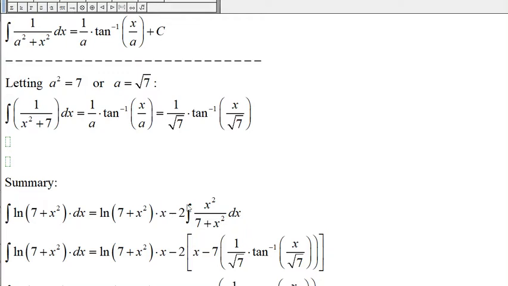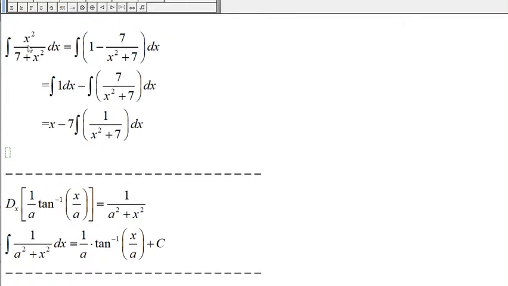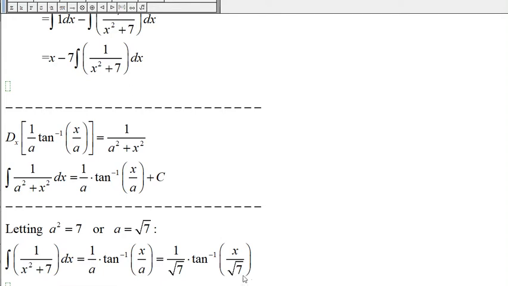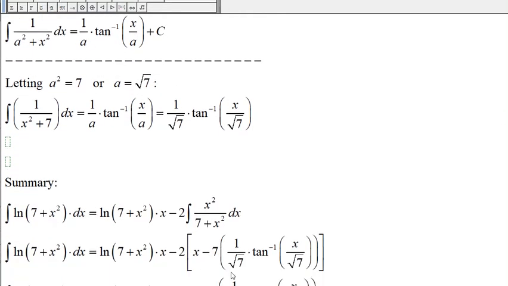And we have just found that the integral of x squared over 7 plus x squared is x minus 7 times this. But this integral is 1 over the square root of 7 times tangent inverse of x over the square root of 7. So it would be x minus 7 times this. And so that's what we have right here.